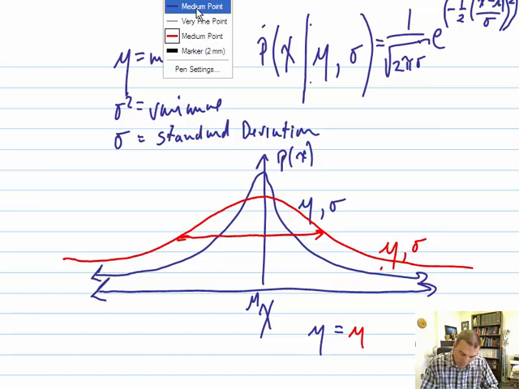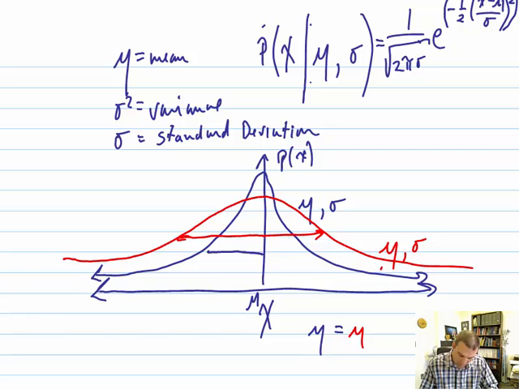More narrow distributions, like the blue here, result in a lower standard deviation and a smaller spread. So we can write another equation and say that for this particular situation the standard deviation of the blue is smaller than the standard deviation of the red. Okay.